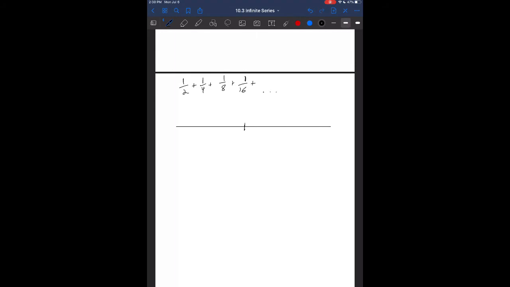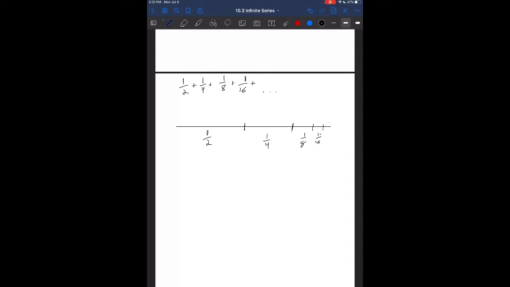And then the next thing you have to do is run half of what you have left. So we've run one half. And then we have to do this again, right? We have to run half of what we have left, which is going to be a quarter. So we have to run this next quarter. And then after that, we still have to make it halfway between where we are and the finish line. And so we have to run an eighth, and then a 16th, and then a 32nd, and so on and so forth.